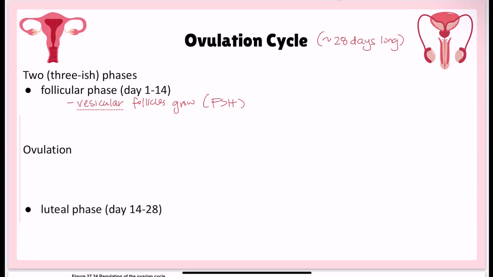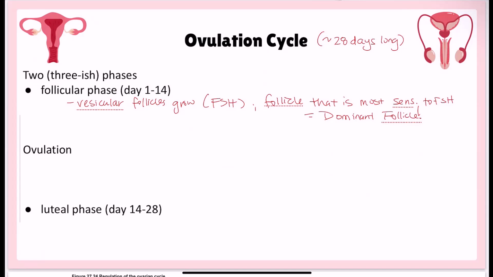That's called the dominant follicle. The follicle that is most sensitive to FSH, that's called the dominant follicle. That's the winner. That dominant follicle is the one that wins the opportunity to be ovulated.